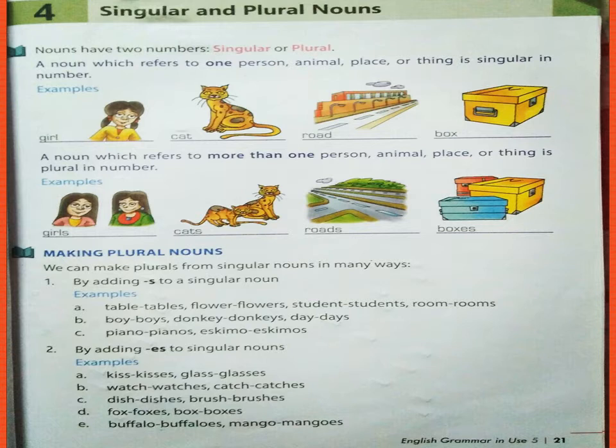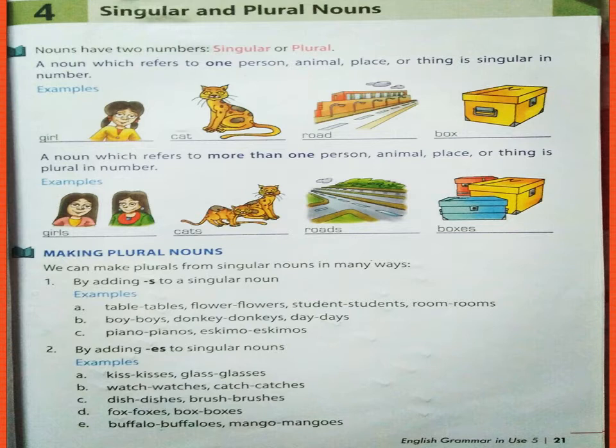Here few examples are given. Table, tables. Just s is added to make it plural. Flower, flowers. Student, students. Room, rooms. So s is added to the singular noun to make it plural in some cases.